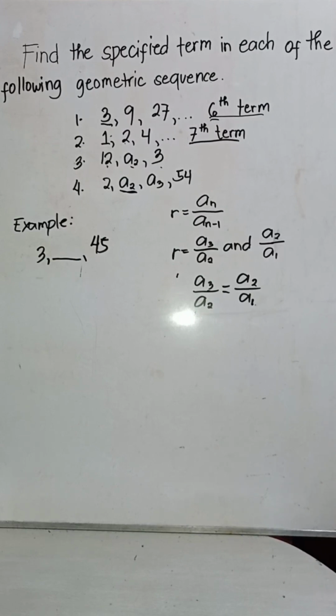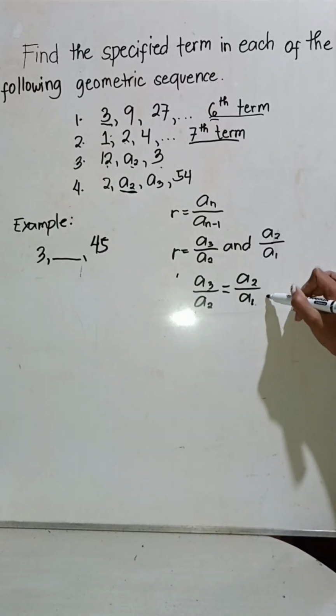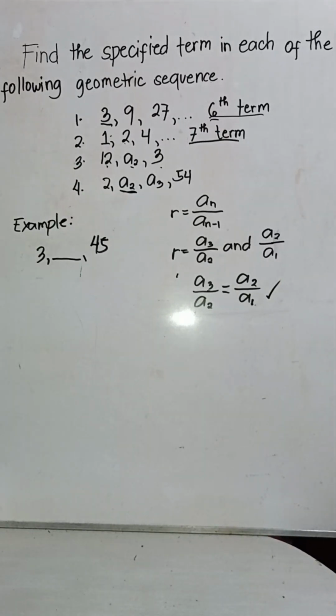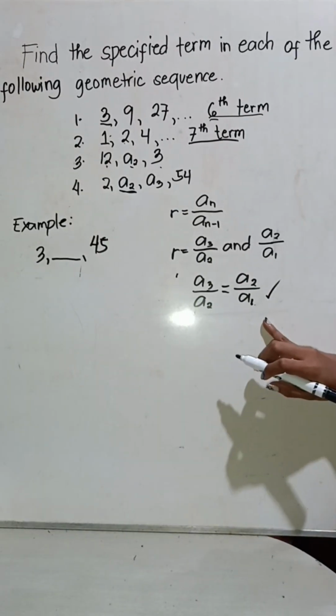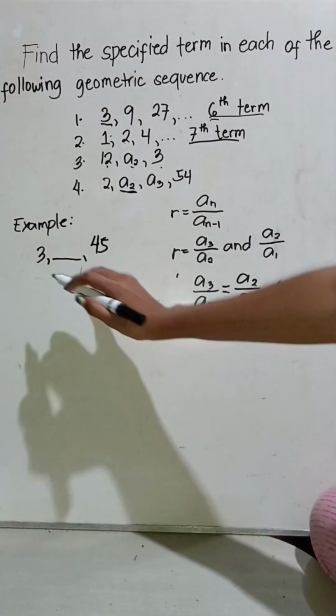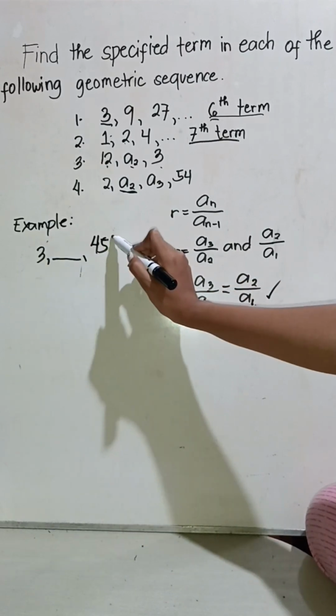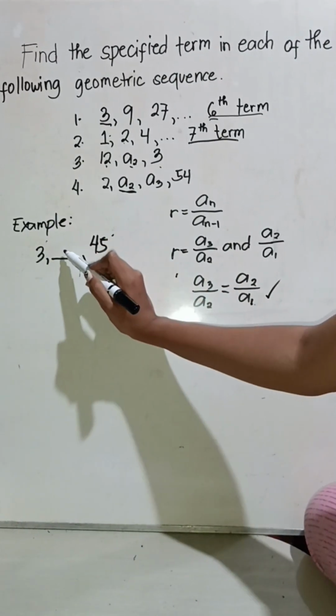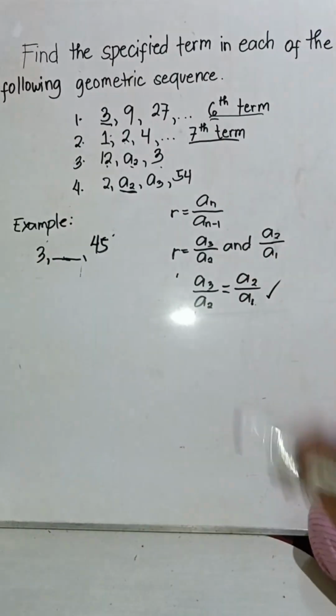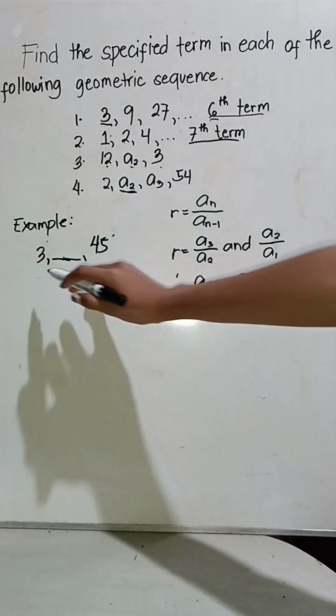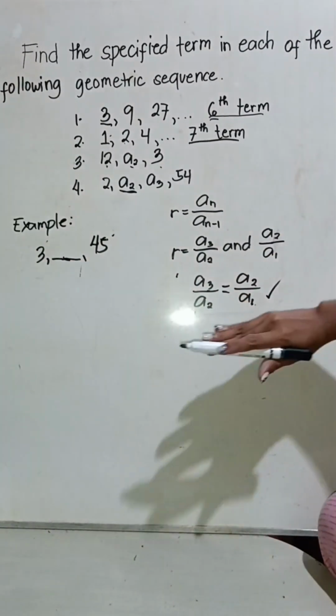Now, to find the geometric mean, let us first identify the extremes and the number of terms by substituting in this formula. So, atong extremes nga number is kani 3 and 45, diba? Ang atong pangitaon ang geometric mean nato nga naa diri sa center. So, substitute nato ni nga given.